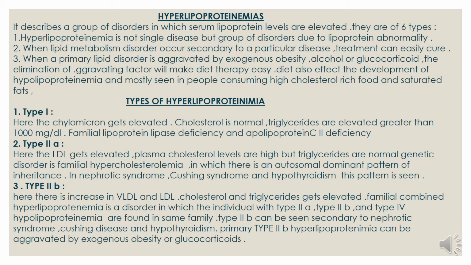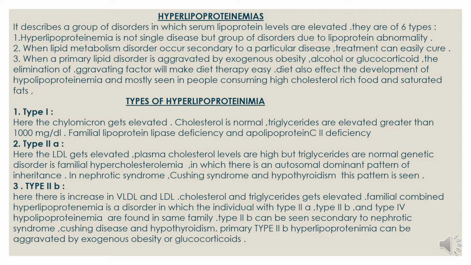When a primary lipid disorder is aggravated by exogenous obesity, alcohol, or glucocorticoid, the elimination of the aggravating factor will make diet therapy easy. Diet also affects the development of hyperlipoproteinemia and is mostly seen in people consuming high cholesterol rich foods and saturated fats. What are the types of hyperlipoproteinemia?